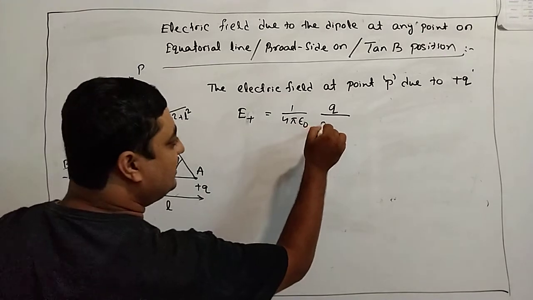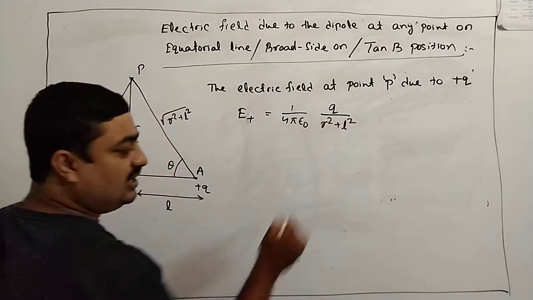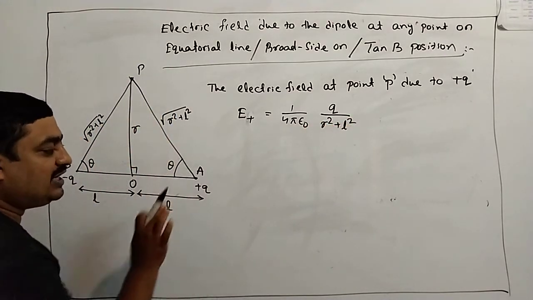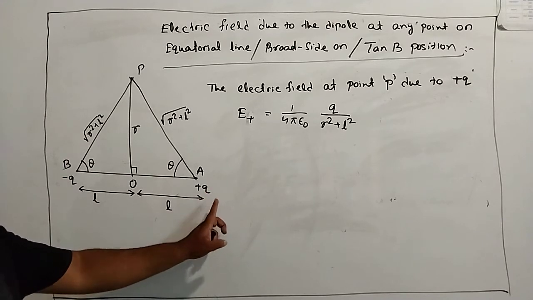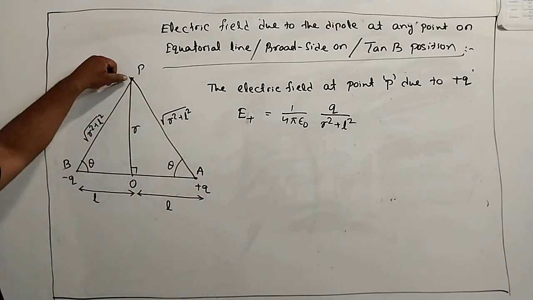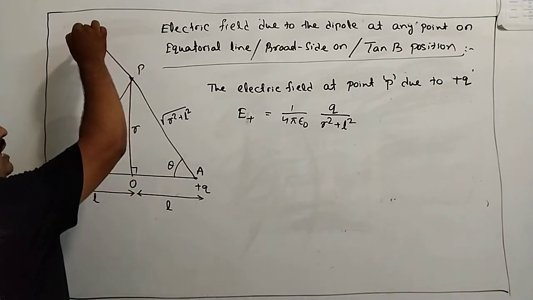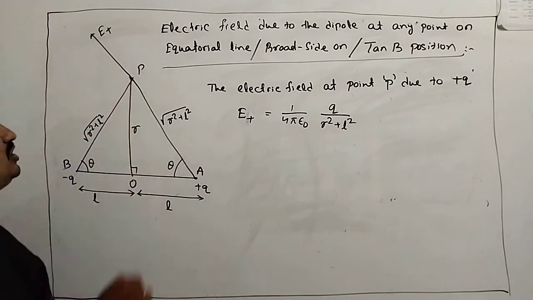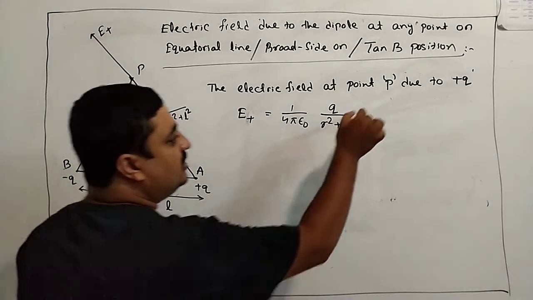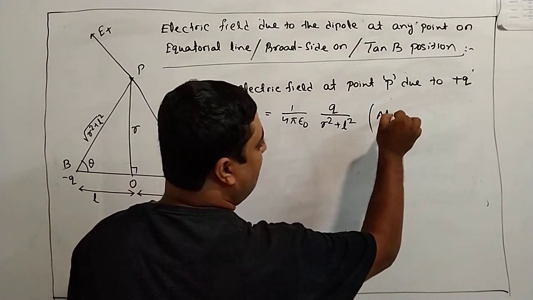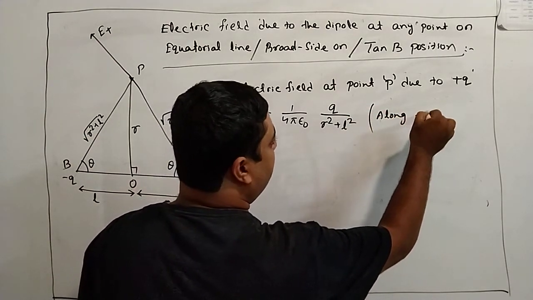So r square becomes r square plus l square. The direction: for positive charge it is away from the charge, for negative charge towards the charge. So positive charge, away from the charge. This is the direction of E plus. So we can write it as along AP.